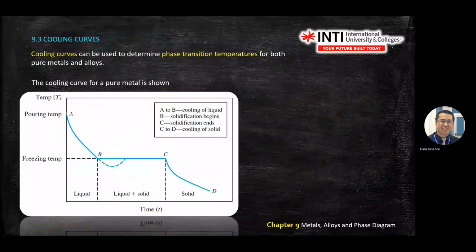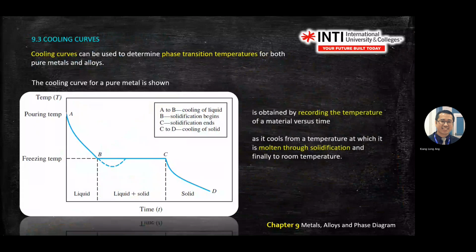So A to B is cooling of liquid, B is where solidification begins. When you reach the freezing temperature, it will be maintained. Solidification ends at this point, and then cooling of solid.